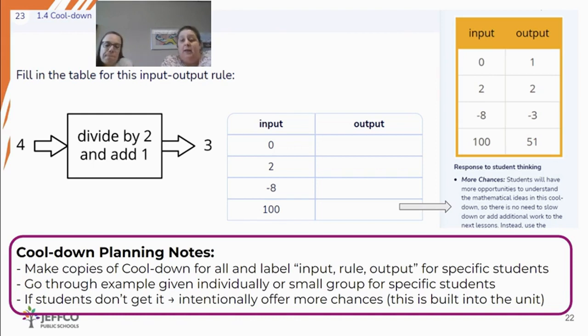So when we're planning, we would take a look at what that is and be intentional about our planning from there. This did not require a lot of more intentional planning because it was going to be involved in the other pieces. But the other two sound like we would need to decide how we were going to fit that in. Is it going to be during a specific time in a specific lesson? And we would make sure that works.